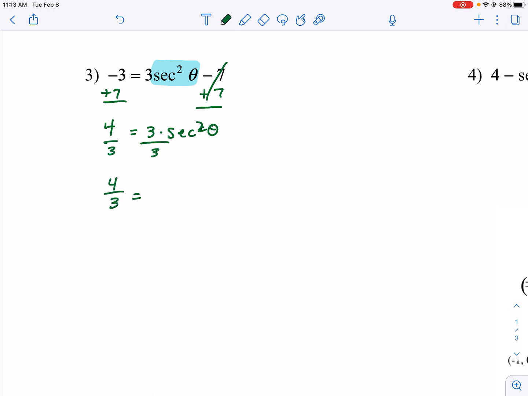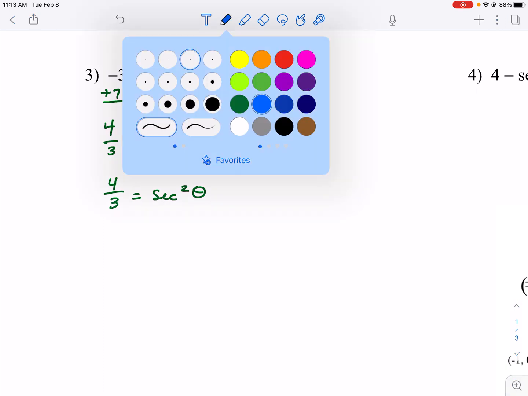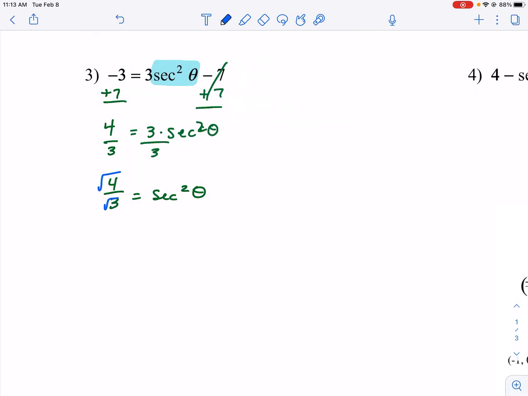So 4/3 equals secant squared theta. At this point, this is where you want to take the square root of the numerator and the denominator. So that would leave us with the square root of 4 is 2. Square root of 3 I'm going to leave. And secant theta equals plus minus.